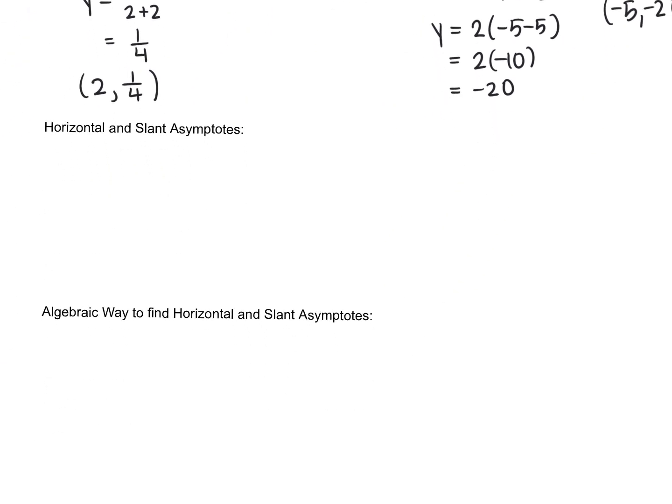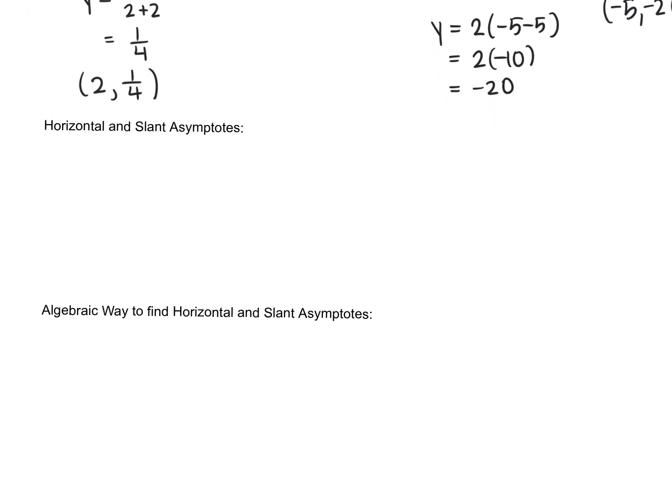The last thing we have to talk about are something called horizontal and slant asymptotes. So a rational function or a rational equation has either a horizontal asymptote or a slant asymptote. It does not have both. It only has one.